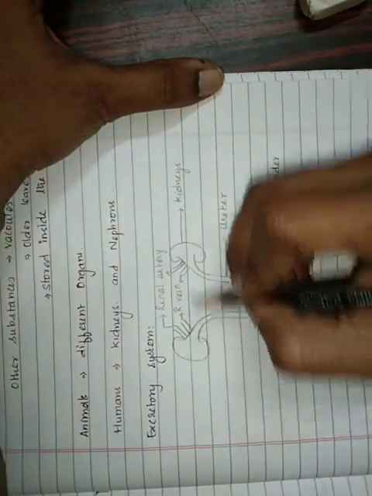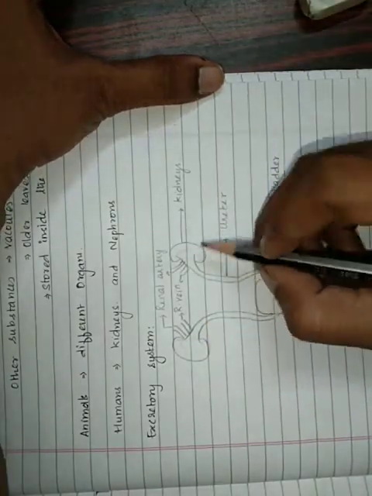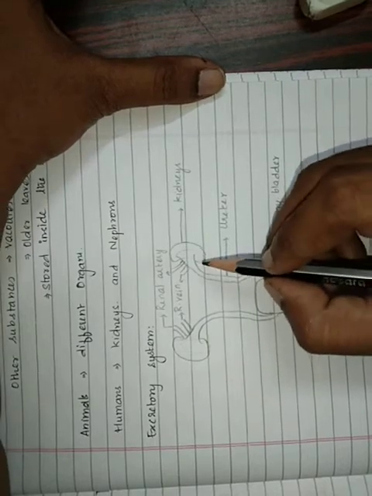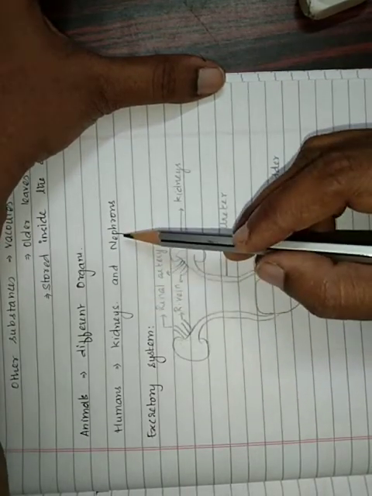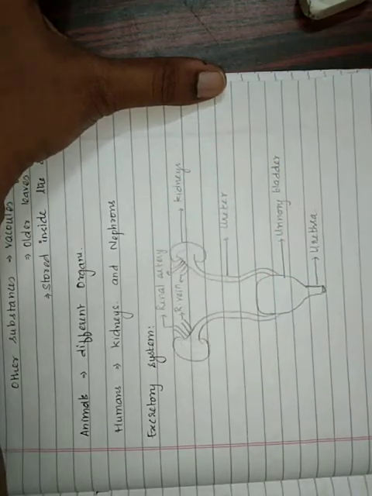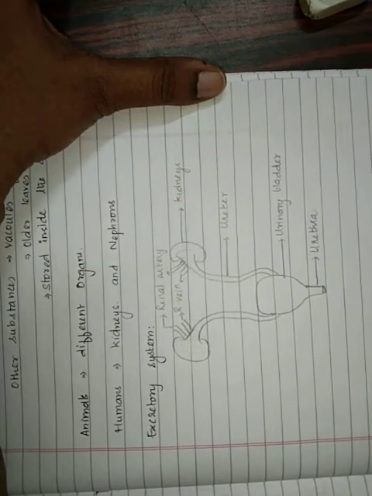So what is this kidney? The kidney is the organ where urine is actually formed, and this urine formation happens inside the kidney with the help of nephrons. And now coming to a nephron.